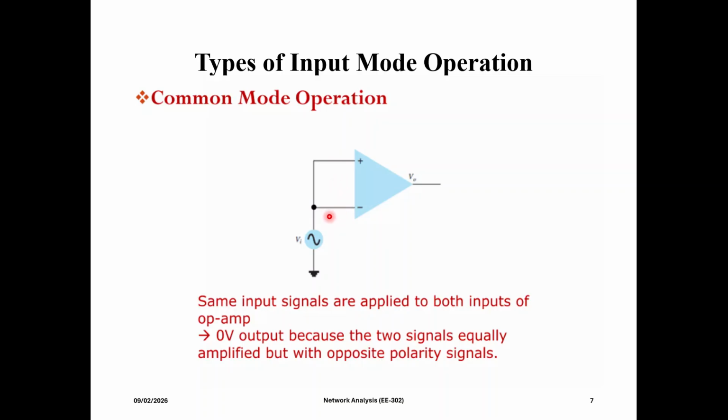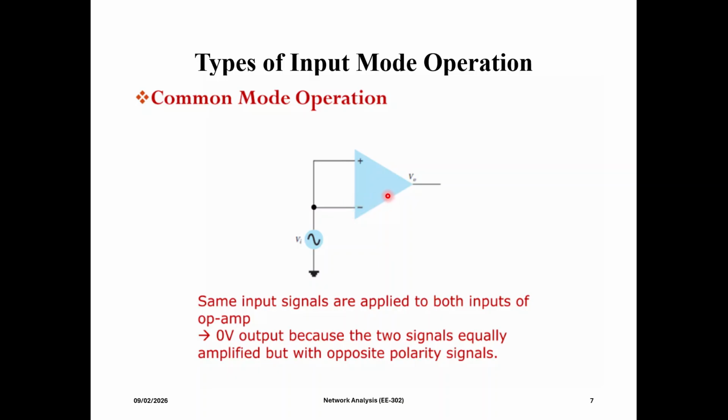When identical signals enter both inputs, the operational amplifier sees no difference between them, so the result is 0 volt at the output, because the two signals are amplified equally but with opposite polarities. Okay, so they cancel out each other. So this is why these operational amplifiers are good at rejecting unwanted common noise that appears on both input lines.